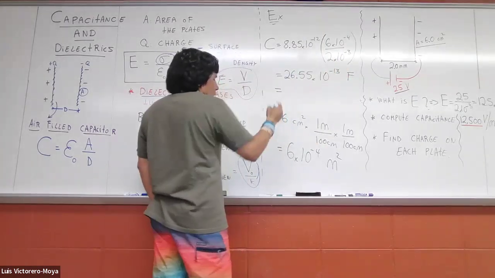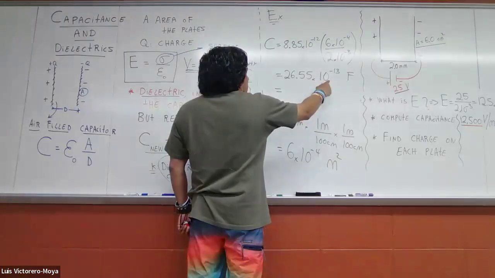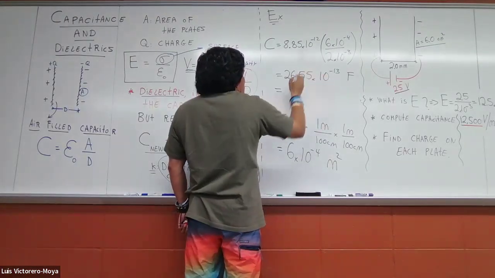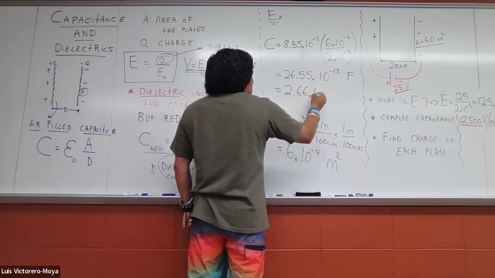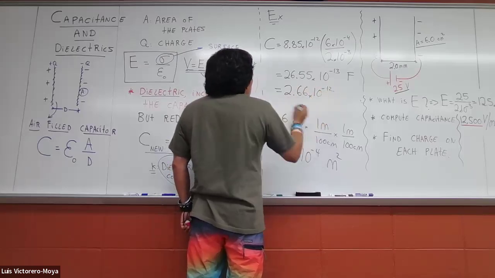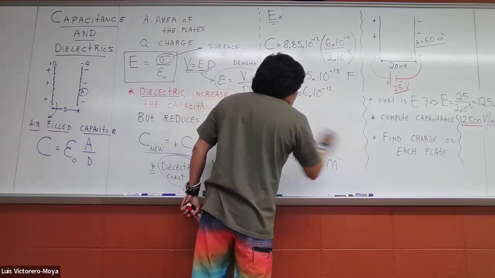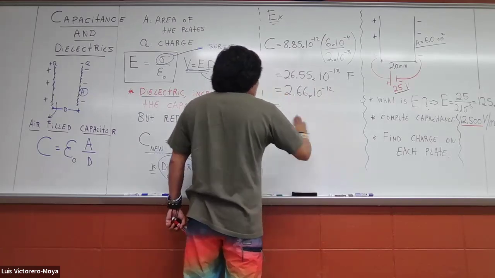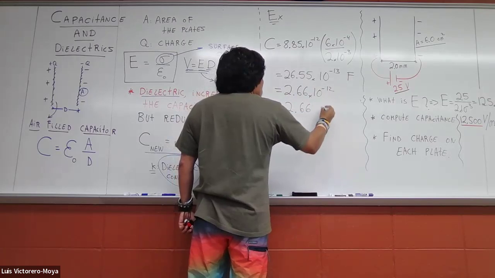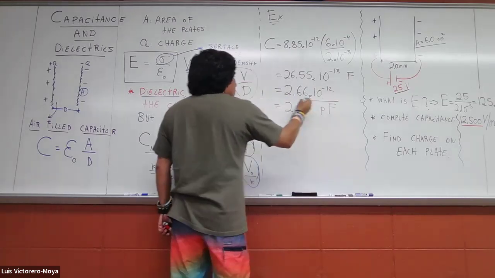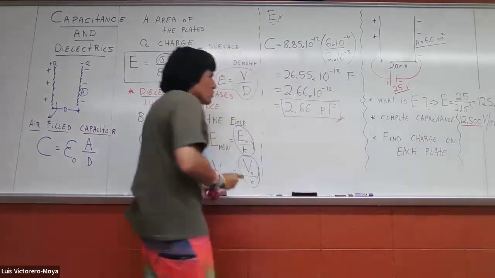Now, if you want to use the prefix that we used before, we multiply this by 10 and divide this by 10. So it's about 2.66 times 10 to a negative 12, which gives you 2.66 picofarads. Very small, as you should expect.